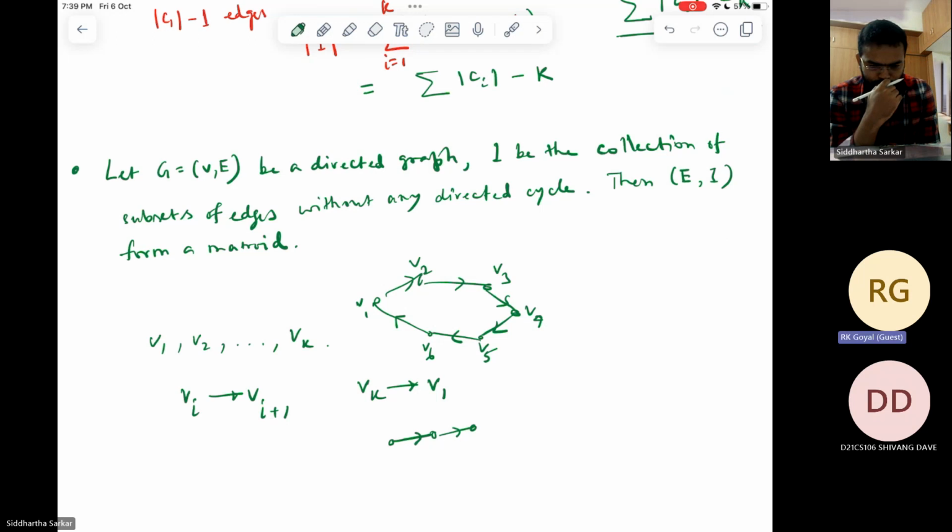Yeah, we can always find such an edge. See here, these are not forming a cycle. If both are independent, then such a path can always be found.